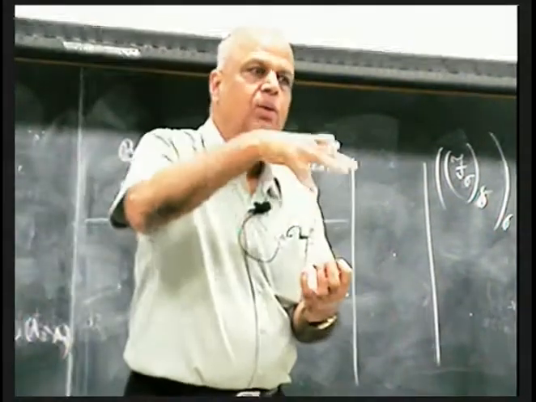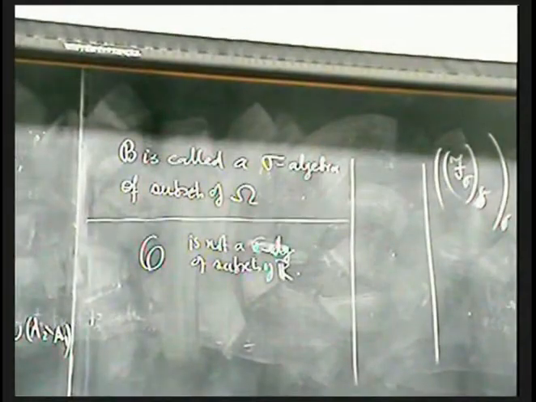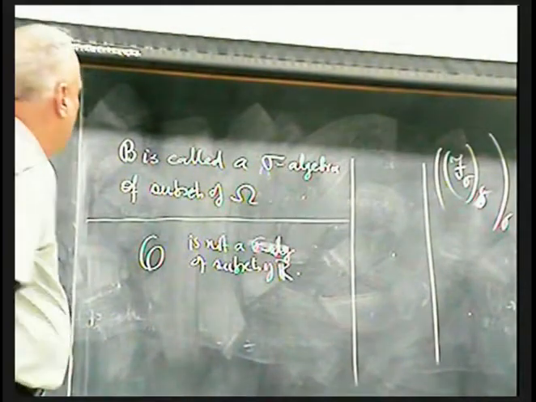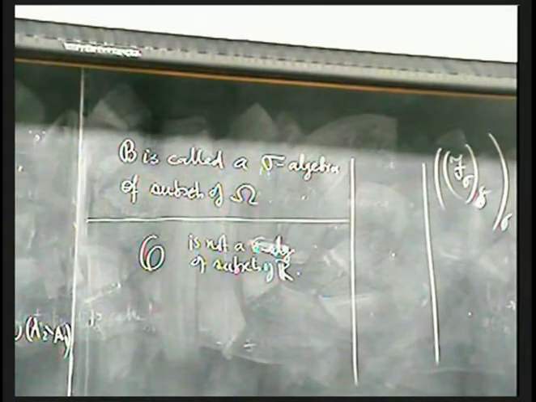When you embed, you want to do it optimally: you want the smallest subspace in which you can put all these vectors. Since O is not a sigma algebra, I want to embed it in a sigma algebra, and I want to do it optimally. I want the smallest sigma algebra that will contain this, and that is called the Borel sigma algebra, and anything in that sigma algebra is called a Borel set.